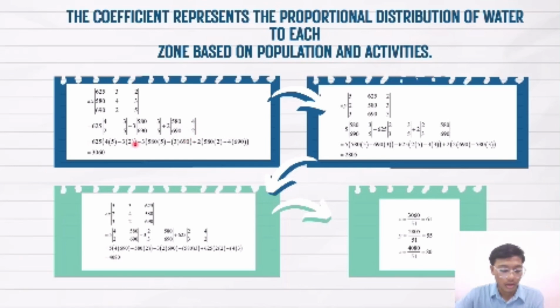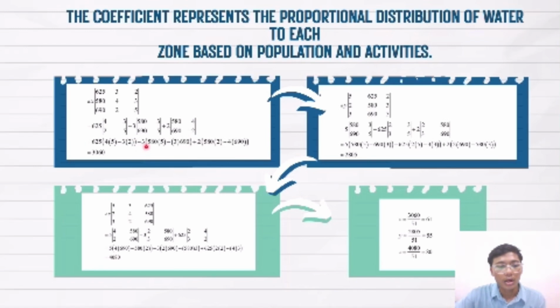After that, we do a cross multiplying for 625 bracket 4 multiplied by 5 minus 3 multiplied by 2 and close the bracket. And then we do the same things.